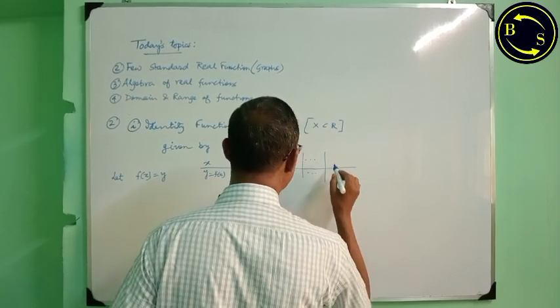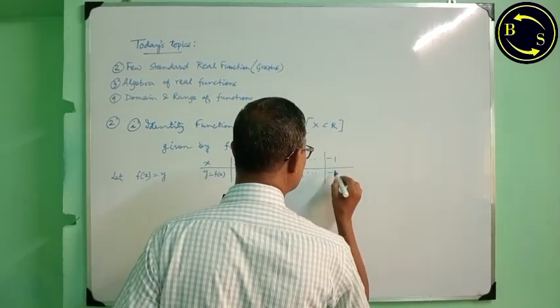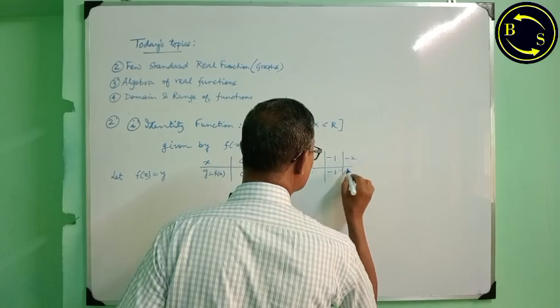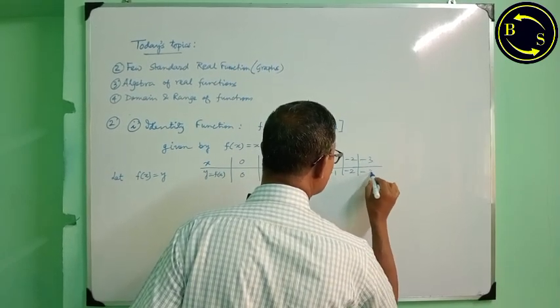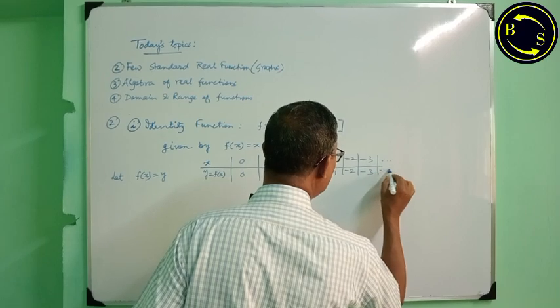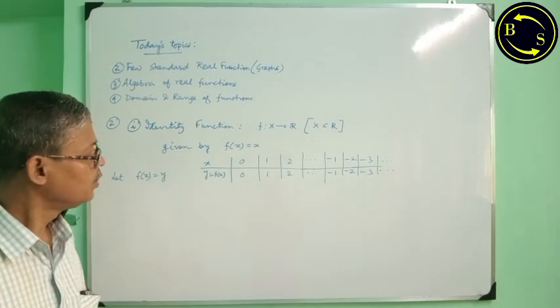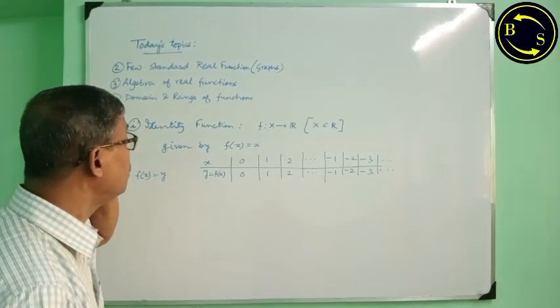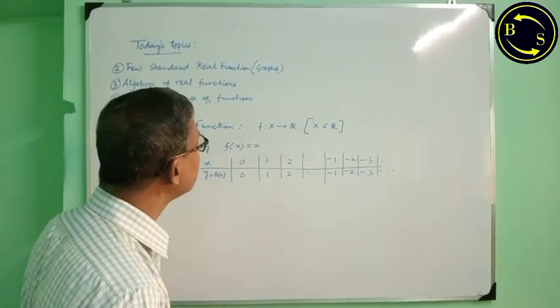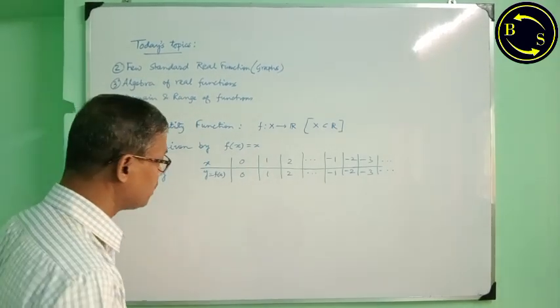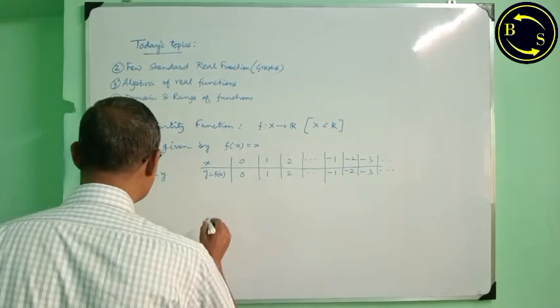If we consider negative values, minus 1, minus 2, minus 3, that means the value of x will be the same as the value of f(x). Now we can draw the graph.